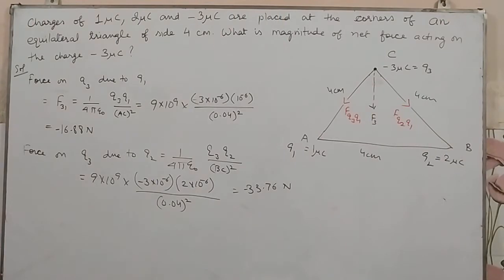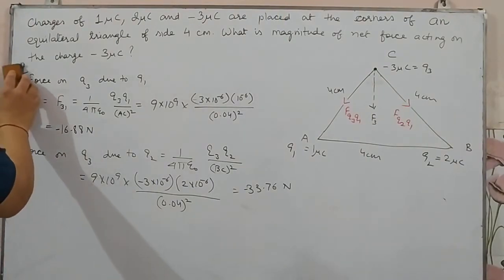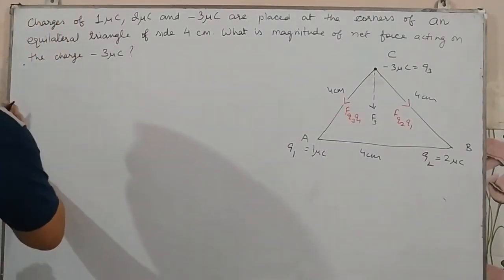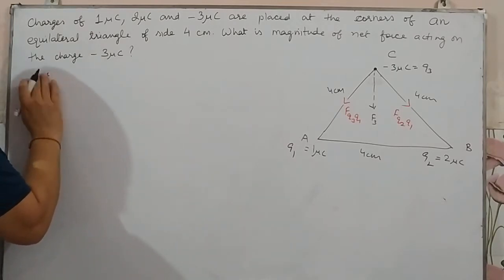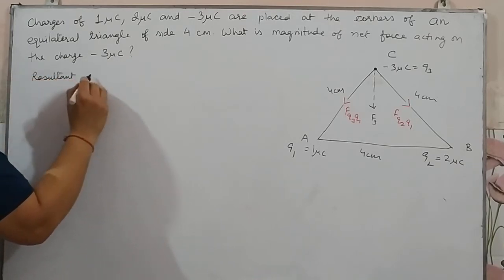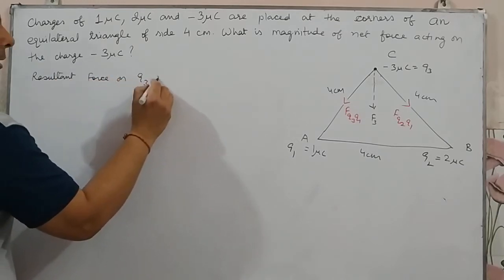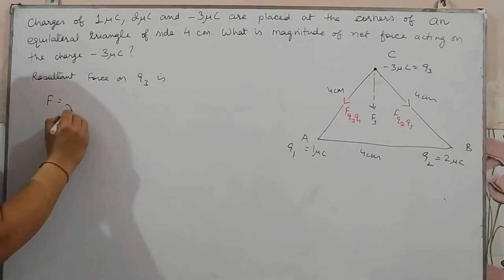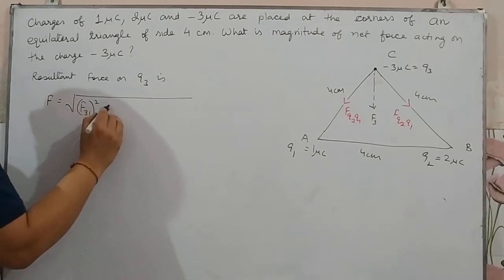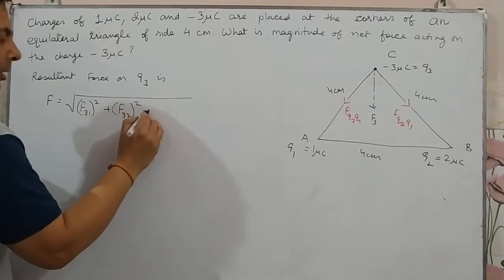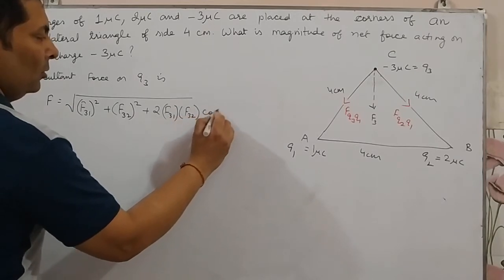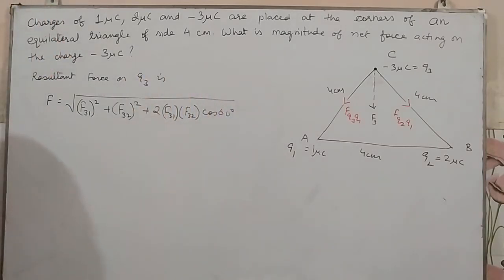F3 can be calculated by using the law of vectors. The resultant or net force on Q3 is F equals root of F31 square plus F32 square plus 2 F31 F32 cos of 60 degree, using the law of vectors.